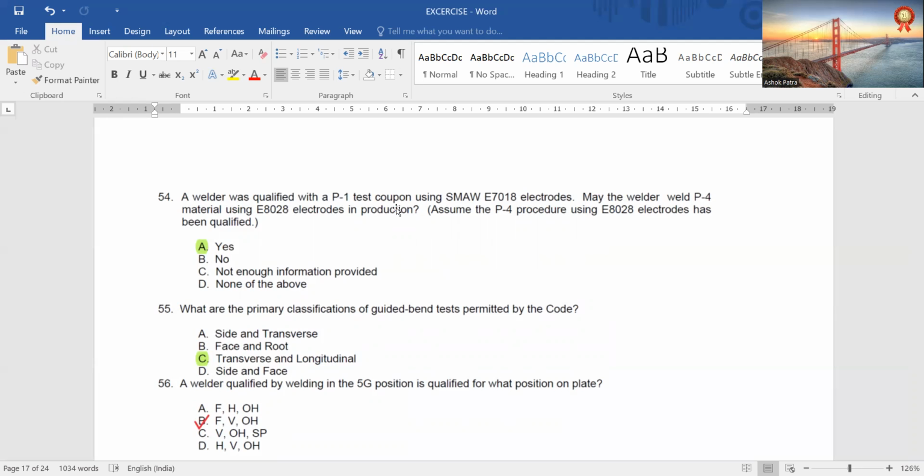E8028 is the flat. P1 is qualified. And F is qualified. So yes.